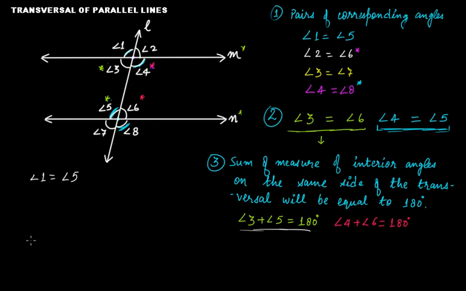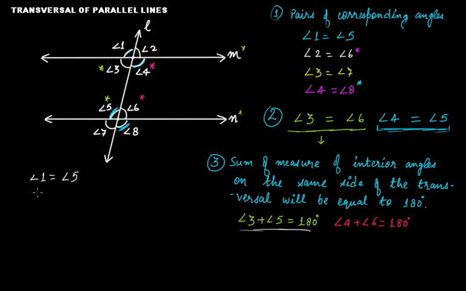Now if you look at angle 1 and angle 3, they are forming a linear pair. This is the common arm, and these two are the non-common arms. Common arm, two non-common arms, adjacent angles forming a linear pair.